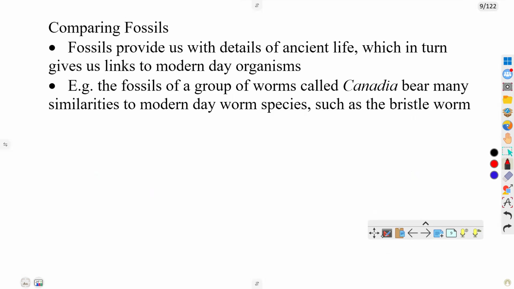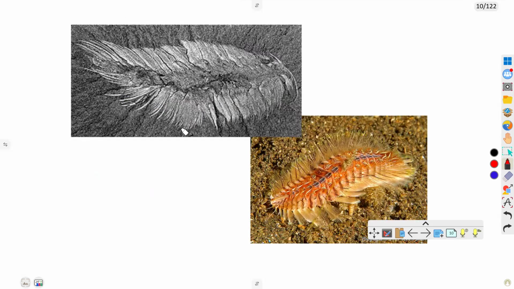Now, when we compare fossils, they can give us a good deal of information on what life was like back in ancient times, but also give us a link to some of our modern day organisms. So there's a group of worms called Canadia. And these Canadia worms, here's a fossil of one of them.